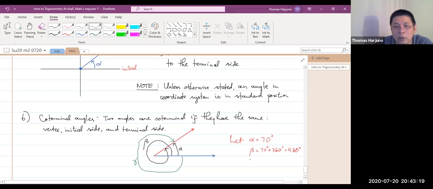Now then, this angle gamma here will be 70 degrees minus 360 degrees, that's negative 290 degrees.